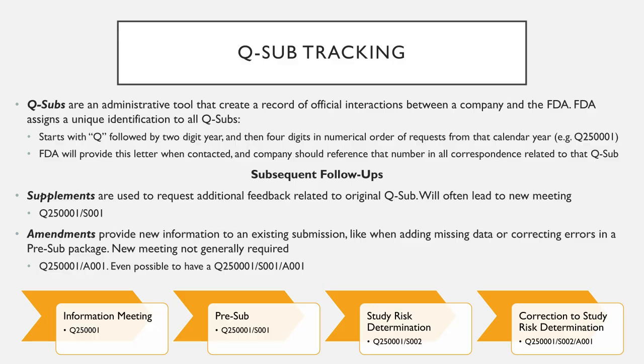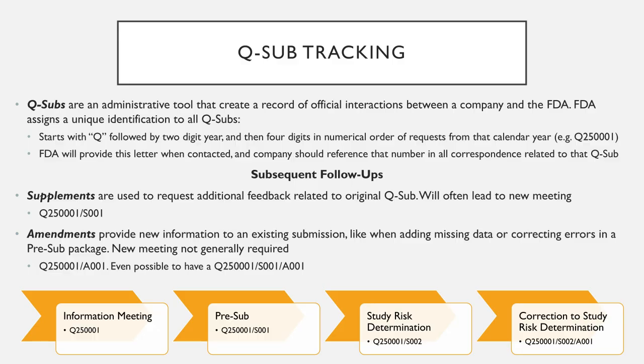As you make submissions for your documentation to, for instance, get an IDE or an approval, you might be hit with deficiencies, and therefore you might need to add missing data or correct errors within that package, in which case you'll be given an amendment number that gets tacked onto that.